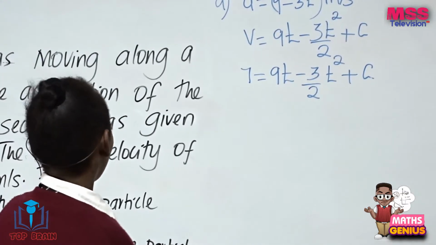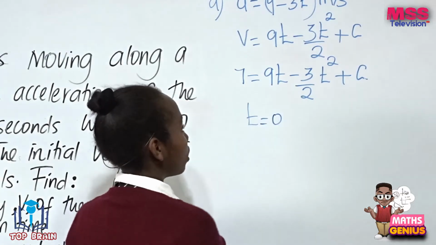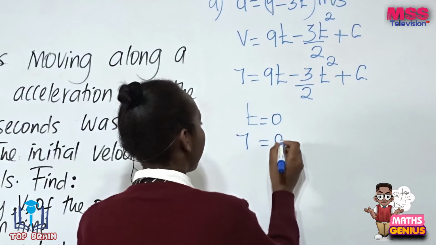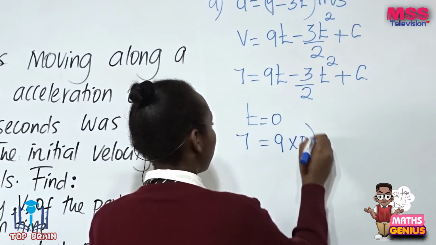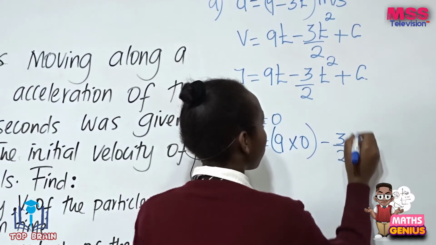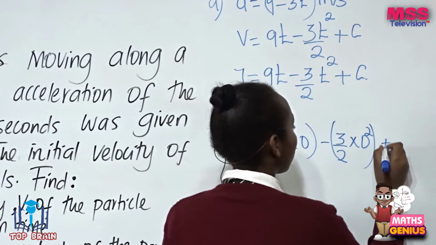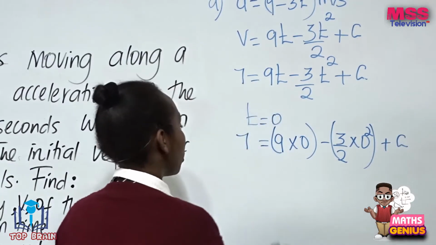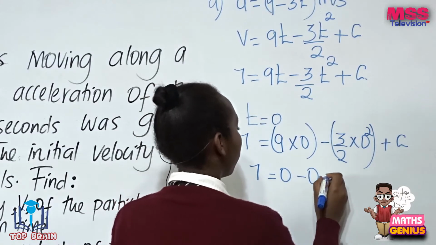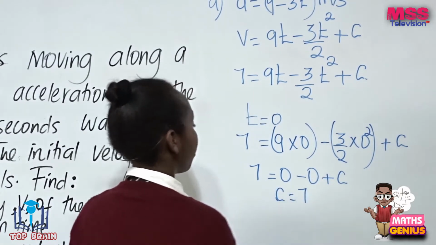The initial velocity is when time is equal to 0, so we substitute in the equation. 7 is equal to 9 times 0 minus 3 over 2 times 0 squared plus the constant. It becomes 7 is equal to 0 minus 0 plus c. So the constant will be 7.